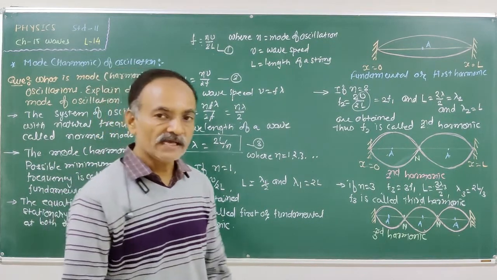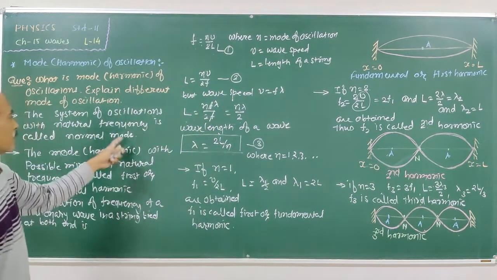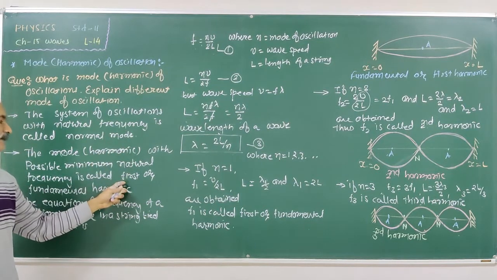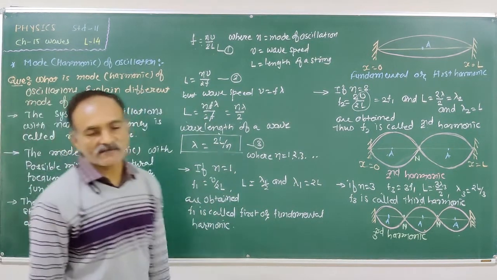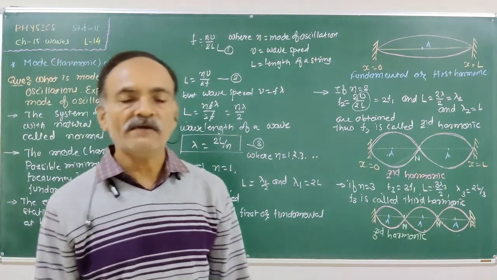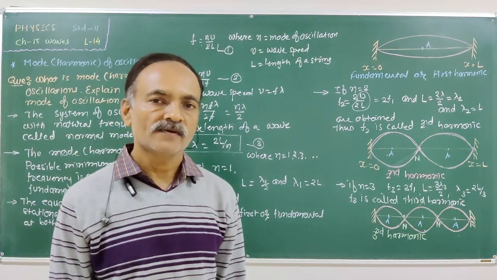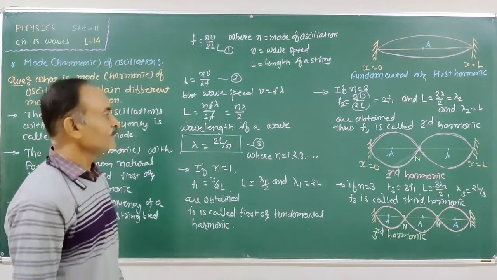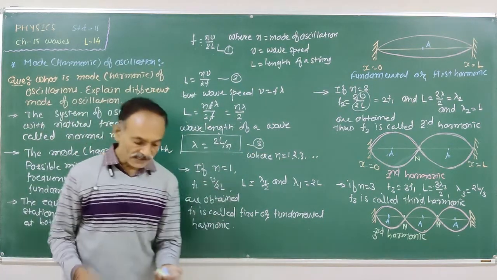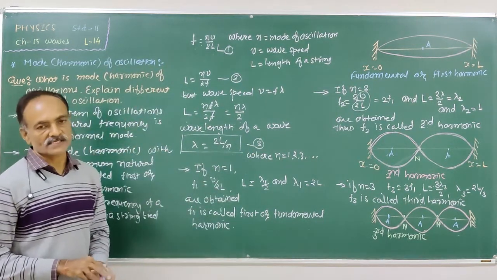Clear this? Very easy. Only the definition of normal mode and fundamental mode or the fundamental harmonic. After that, we directly use the equation of the frequency and wavelength of the stationary wave. And we substitute different values of n, we get the different harmonics of oscillation.